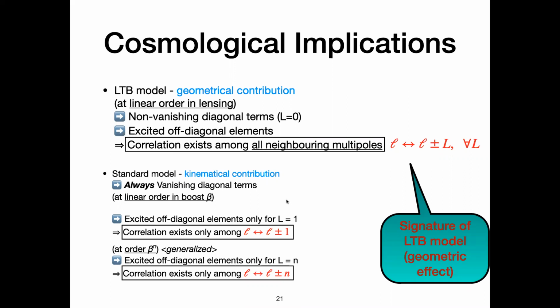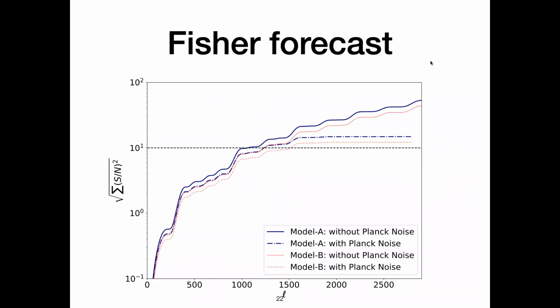Using the correlation functions, I calculated the Fisher forecast, the Fisher analysis, and the signal to noise ratio for both the toy models that I considered, model A and model B. The blue lines here are for model A, and the red lines are for model B. The dotted lines are for the signal to noise ratio including the noise of the Planck satellite. The Planck instrument has some instrument noise of its own, and if we include that noise, we get the dotted lines.